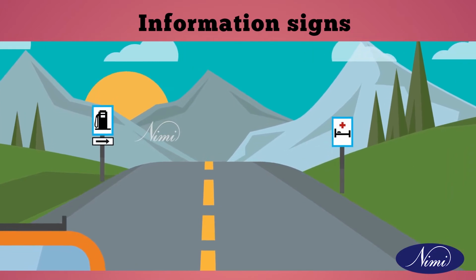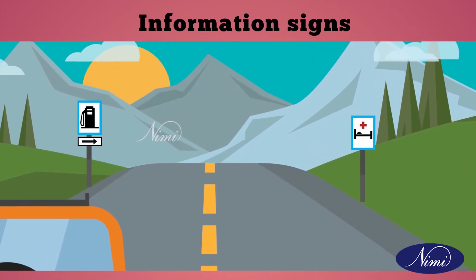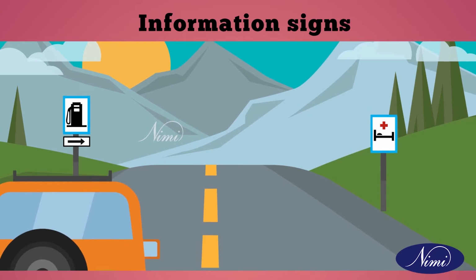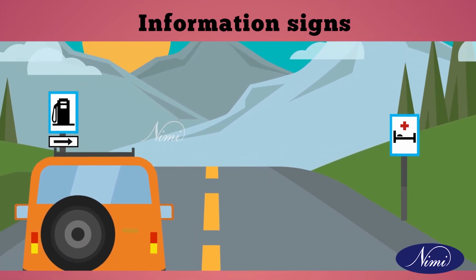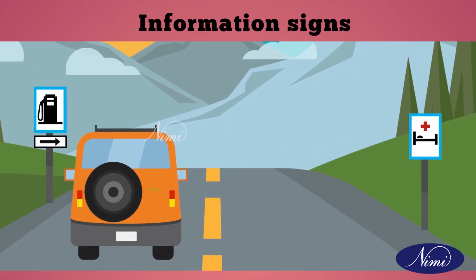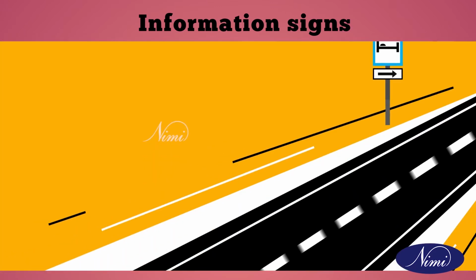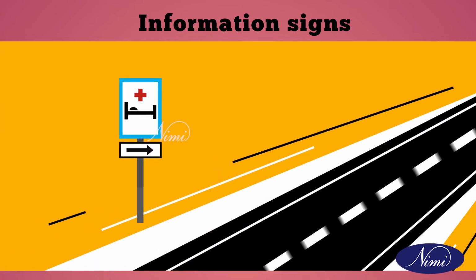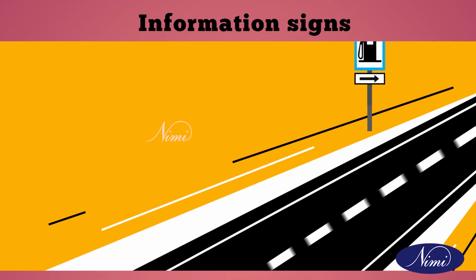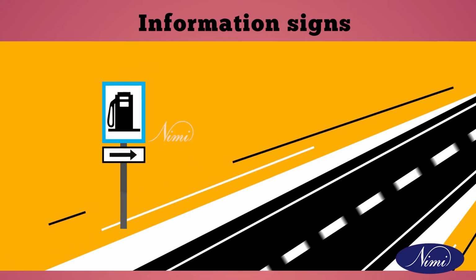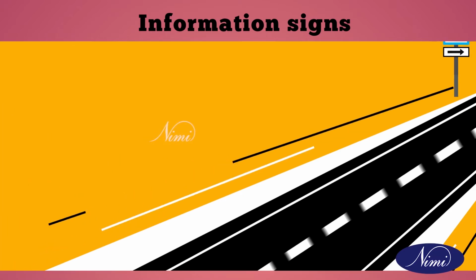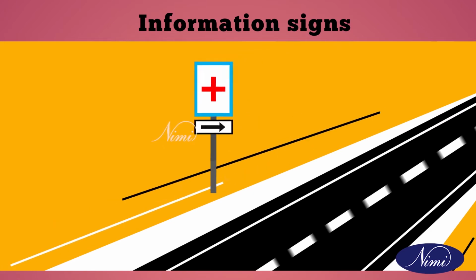For example, usually we see some signboards on the side of the road stating that a petrol bunk is ahead in 500 meters from here, or the hospital direction, or the direction of the destination where you want to go. Actually, this is most beneficial for the first-time traveler on the particular route.